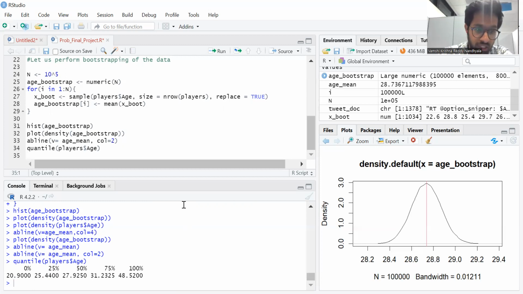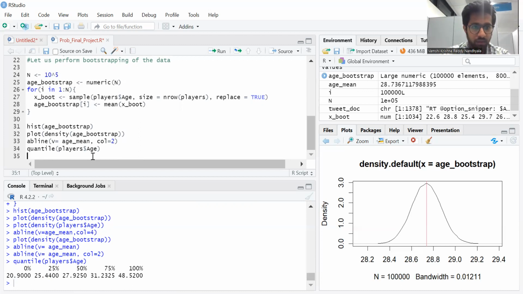So this quantile function is very useful to check how much data is present in which region.